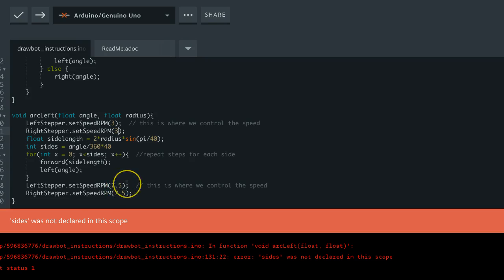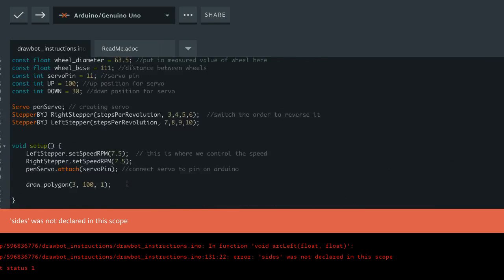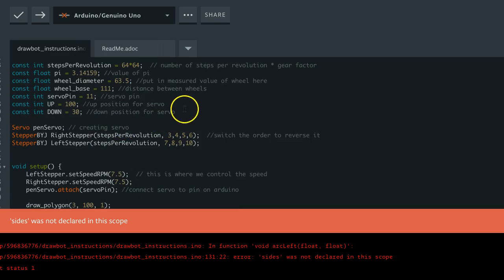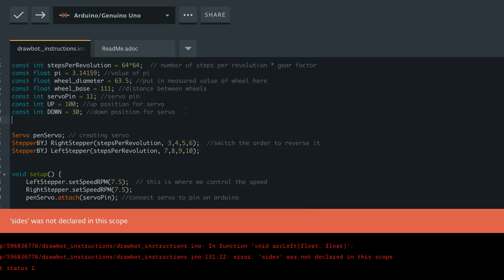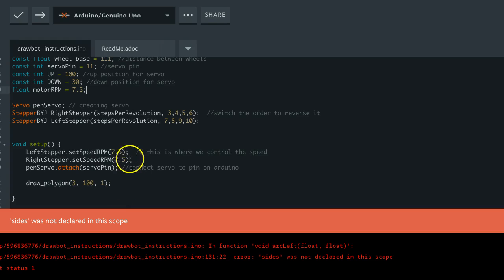And to avoid making mistakes, let's go ahead and make a variable for speed, motor speed. So float motor RPM, and we'll set it, for mine it was 7.5. For yours it could be something else. The reason I want to do this right now is so that if we change it here but don't remember to change it there, we don't want it to suddenly speed up or slow down.